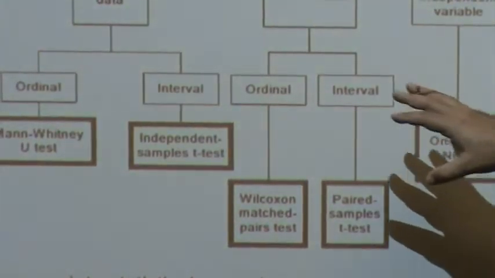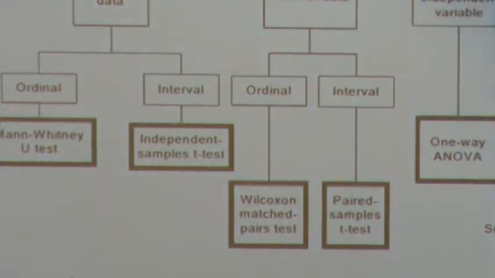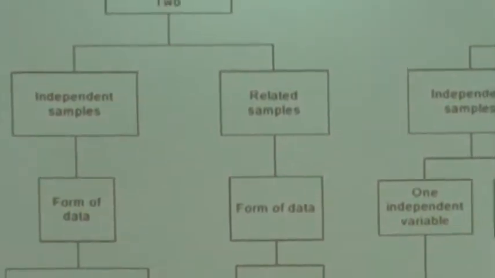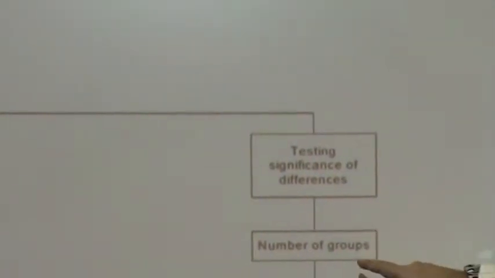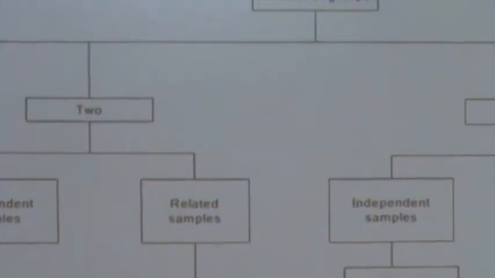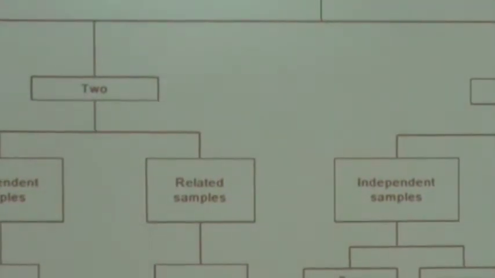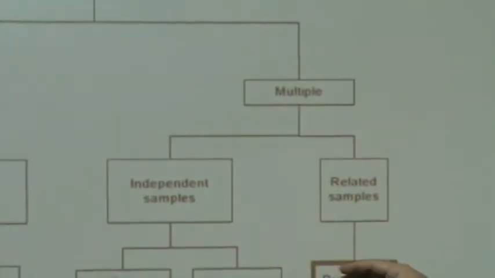All right, now if we go back up and over to the area where we're still looking at testing significance of differences, but our number of groups is more than 2, so that we have multiple groups, we have another decision tree to look at.